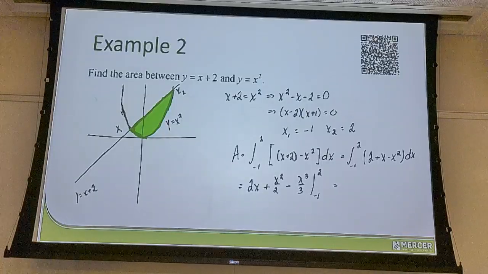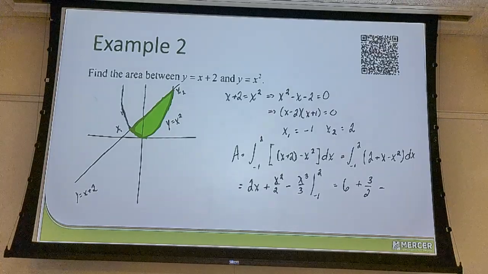Two minus negative 1 is 3, times 2 is 6. 2 squared, 4. Negative 1 squared, 1. 4 minus 1, 3. Half of 3, 3 halves. 2 cubed, 8.